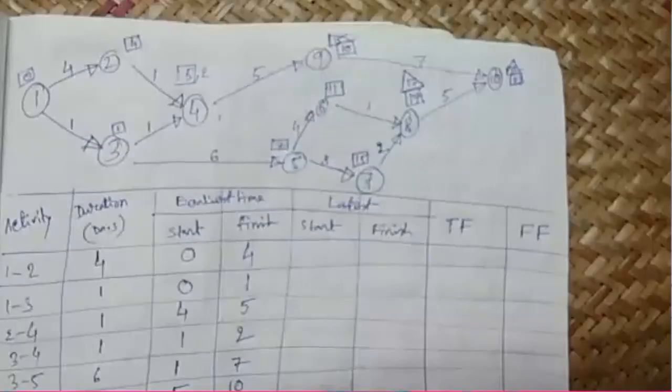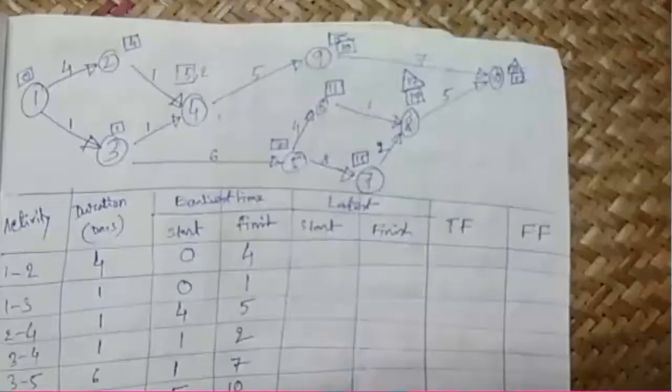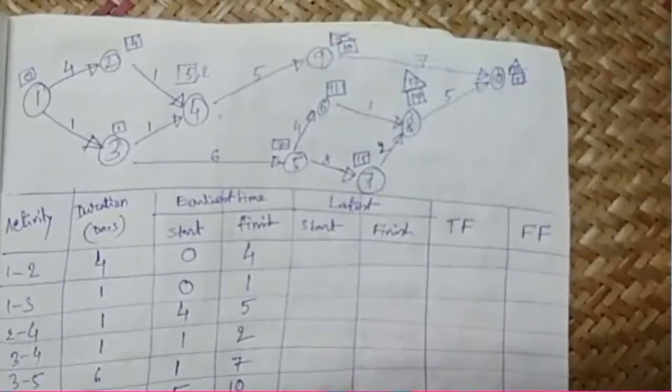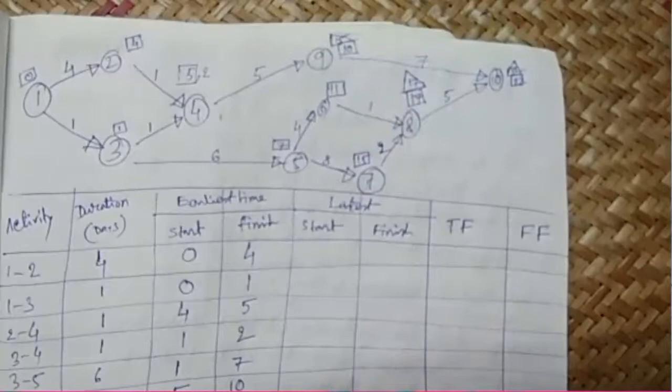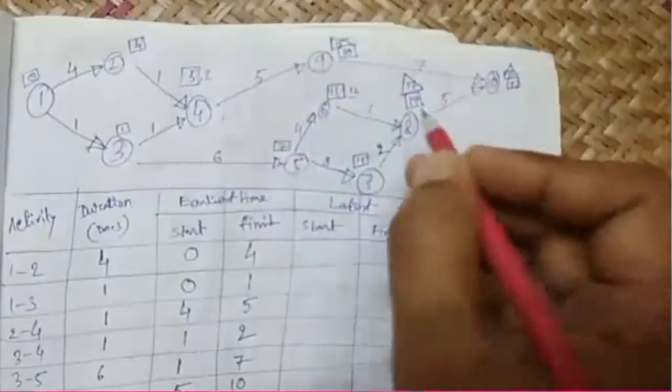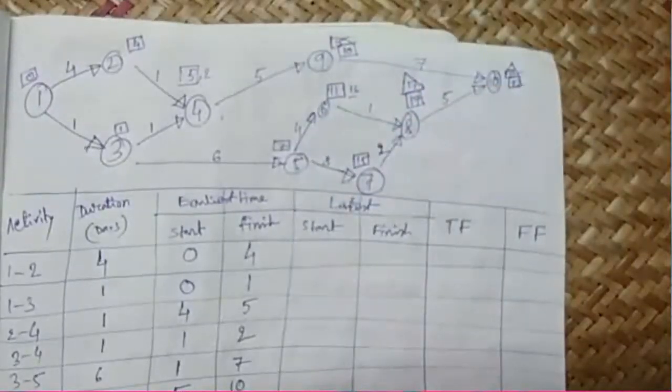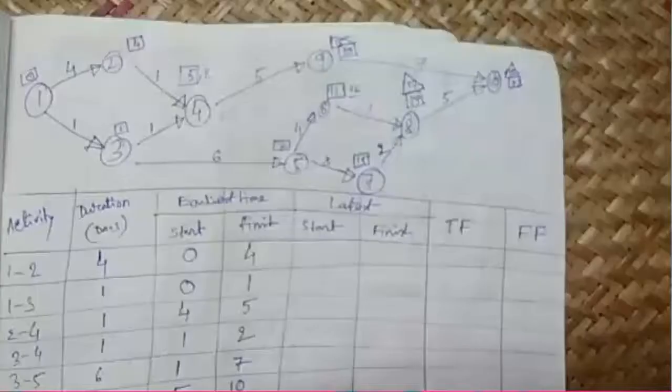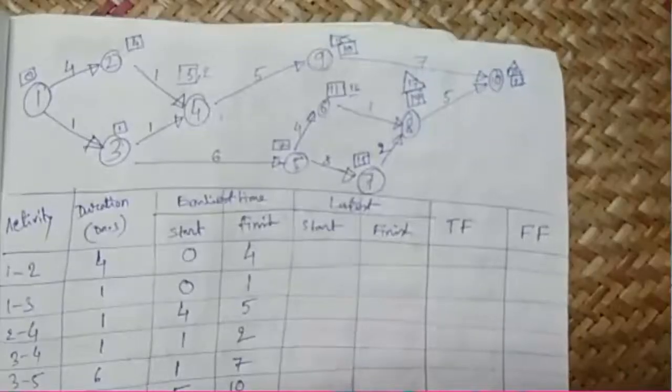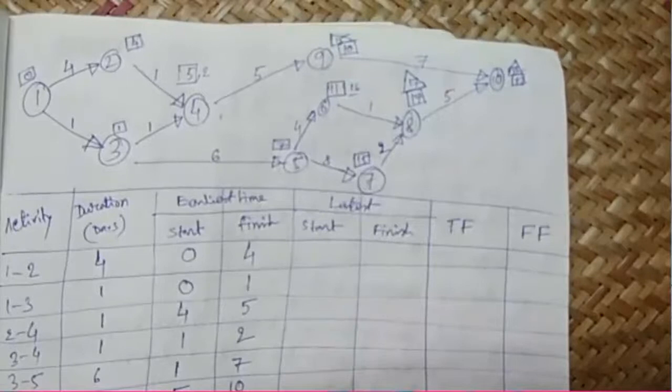16. Not 11, sir? No, not 11. This is why you need to understand. When we did the calculation of 6 8, the latest start of 6 8 was 17 minus 1, which is 16. So if 5 6 ends at 16, there is no problem.